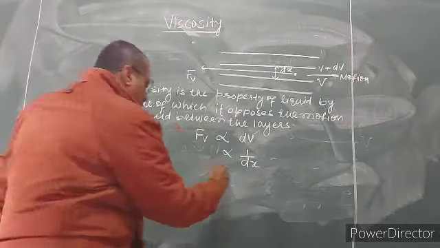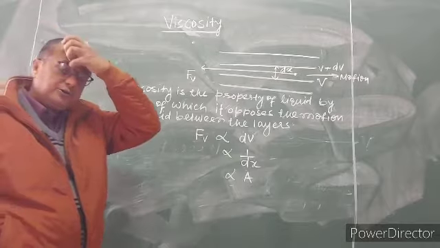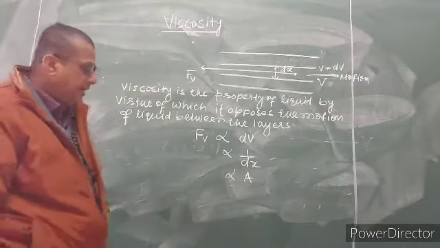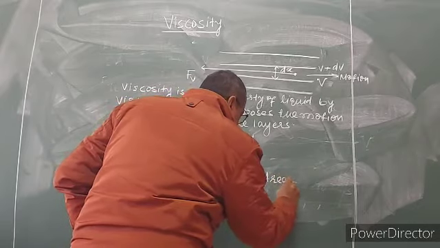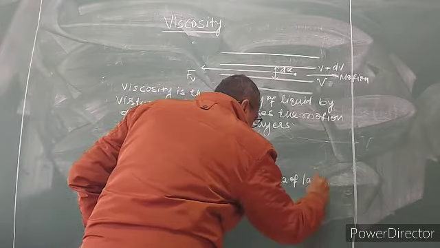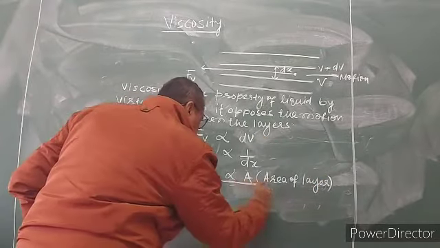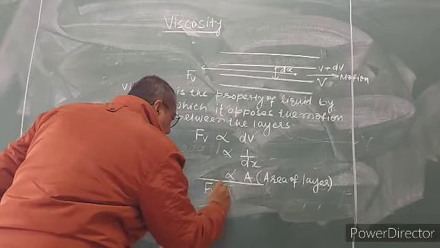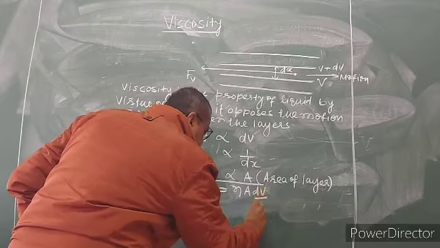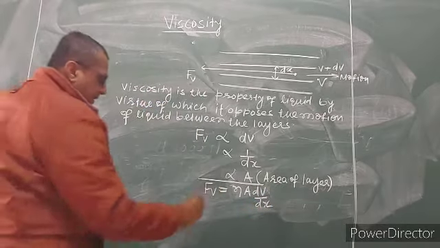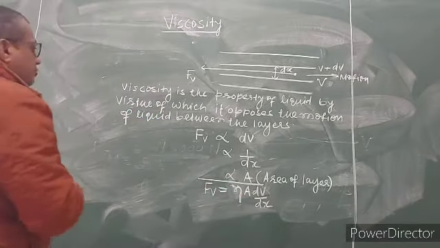And it is also directly proportional to the area of the layer. When all are combined, Fv is equal to eta A dv by dx, where this eta is called the coefficient of viscosity.